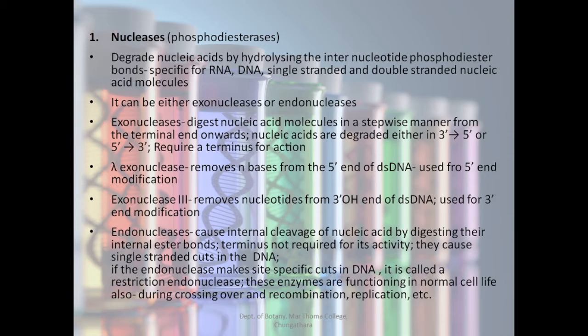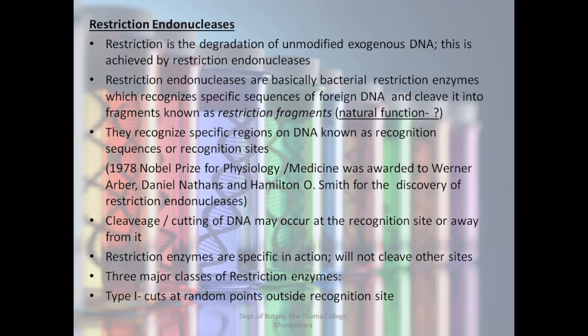There are also endonuclease enzymes which create random cuts in the DNA. These are commonly known as nicking enzymes. Both these enzymes are commonly used in the normal life of the cell during crossing over, recombination, replication, etc. We will discuss more on restriction endonucleases because they are commonly used in genetic engineering techniques.